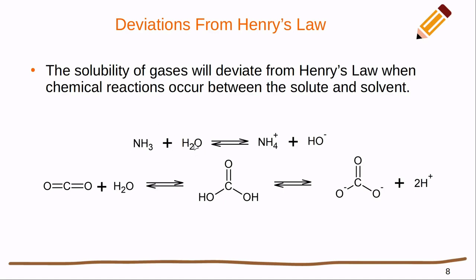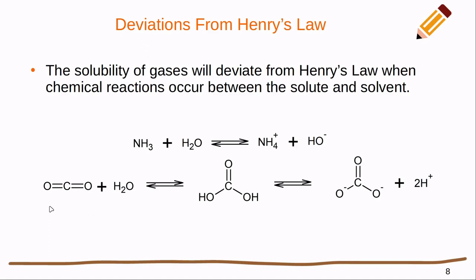So we dissolve the gas in water and we get this reaction here where we form these ions, which we would typically call ammonium hydroxide. So actually, the ammonia cleaner that you have is a solution of ammonia gas in water to form ammonium hydroxide.